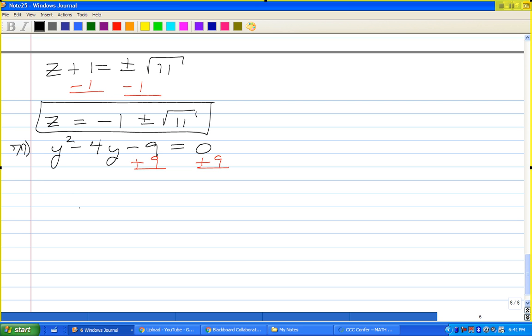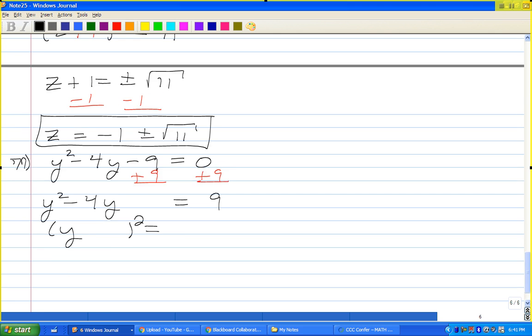And so I have y squared minus 4y is equal to 9. And so, since there's a 1 in front of the y squared, I'll take negative 4 divided by 2, which is negative 2, squared, which is 4. Add that to both sides of your equation.